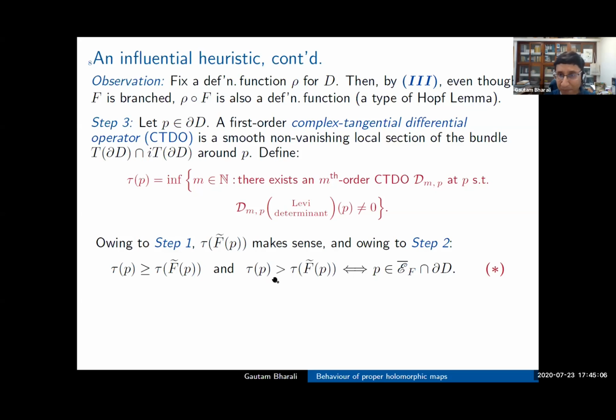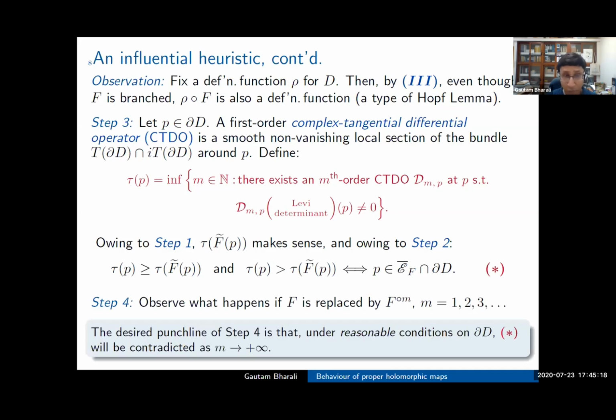So again, step three, like step two, is a general phenomenon. Where one needs to prove something is step four of my heuristic. Step two and step three basically collude to make possible what step four constitutes.